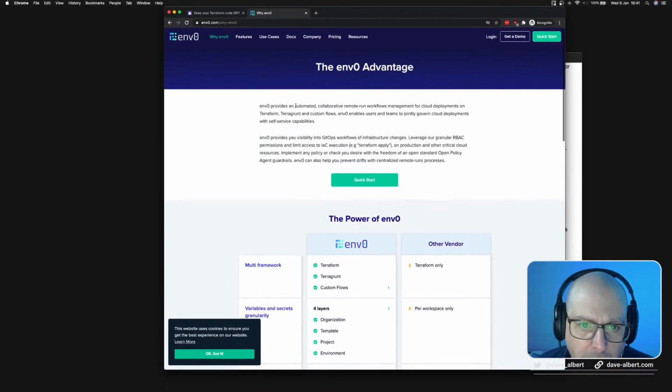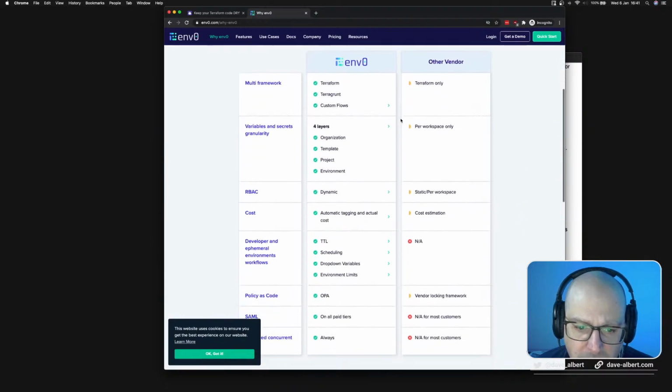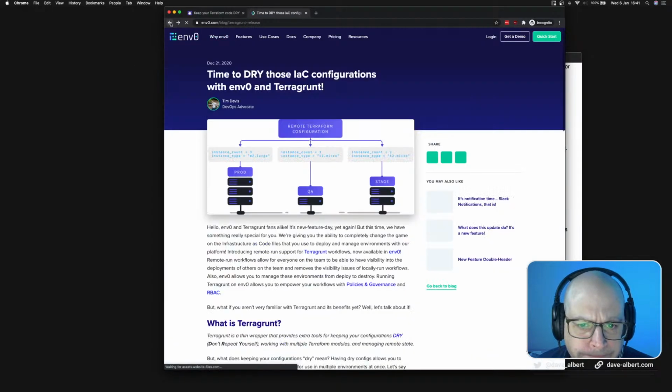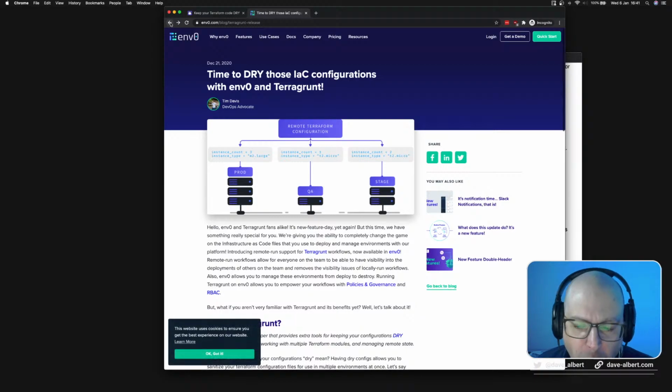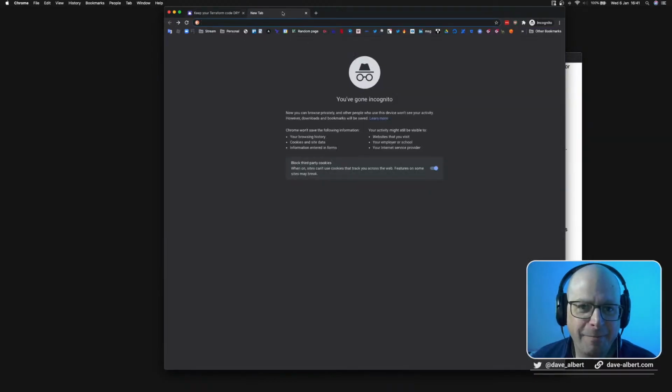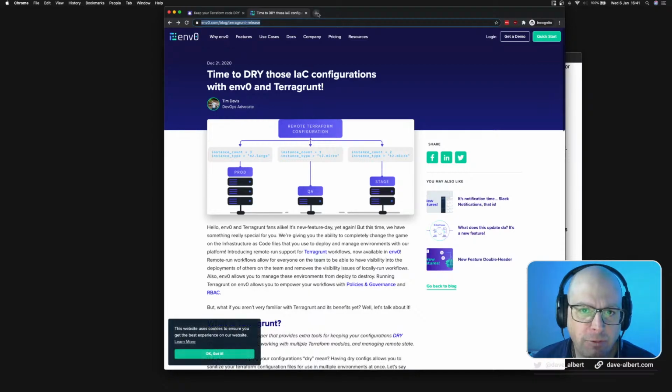So it's a remote run workflows. Okay, so I guess it is like Terraform Cloud?